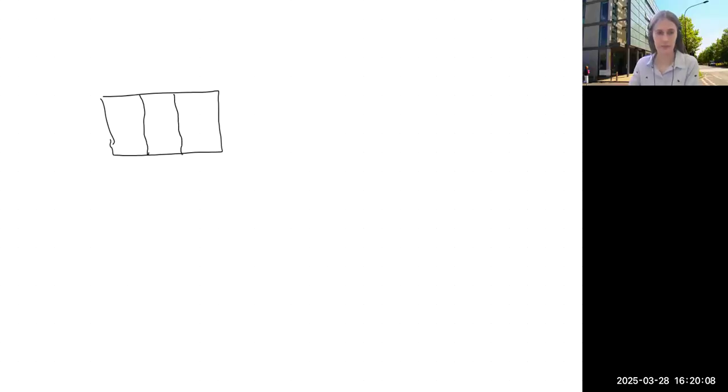I'm going to start off with a partition of our sample space. So these are three different pieces of our sample space where there's no overlap, and collectively, when we put them together, there's nothing that's been left out.